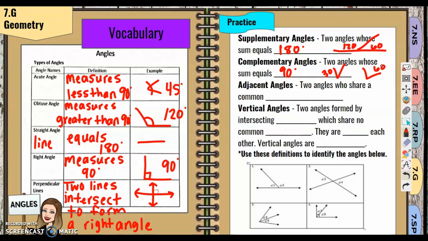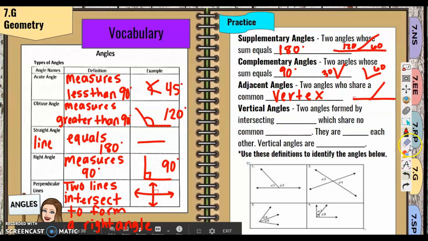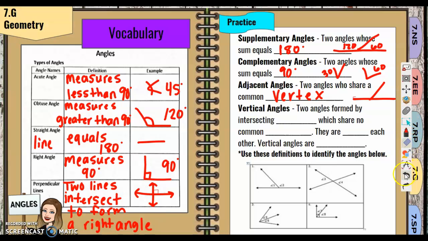Now for supplementary and for complementary, they might be touching, like we did for the first example, or they might not be touching. It's just as long as you add them together, they equal that measure. That's what determines if they're supplementary or complementary.